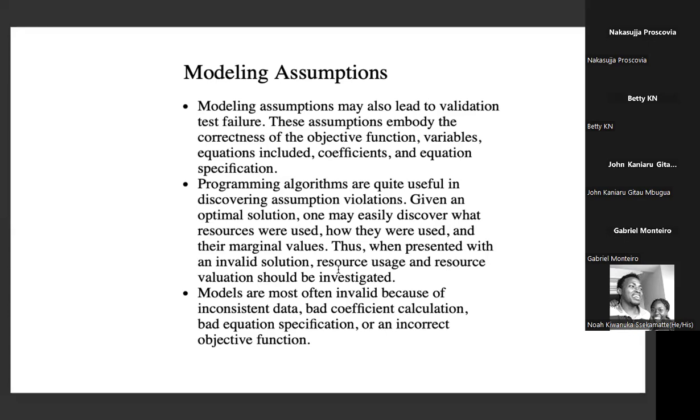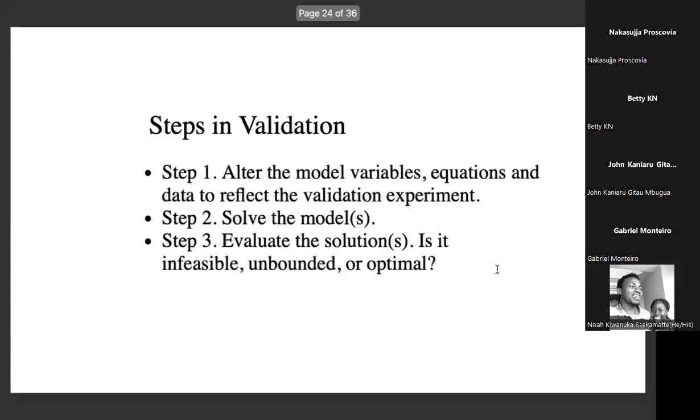All these, apart from the data, are to do with the assumptions that you make. You can make a model invalid because the data doesn't fit that model, but the data doesn't fit the model because you made some assumption that doesn't conform to what you're modeling.